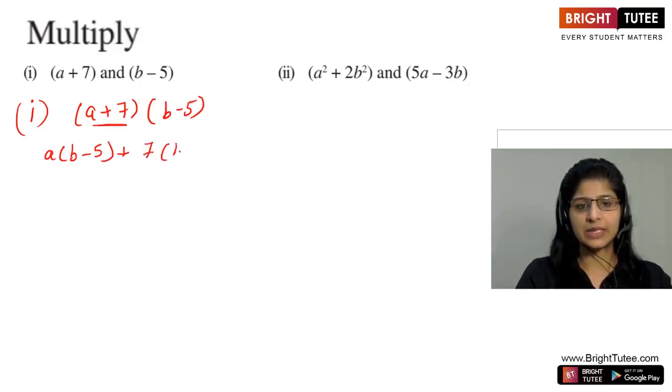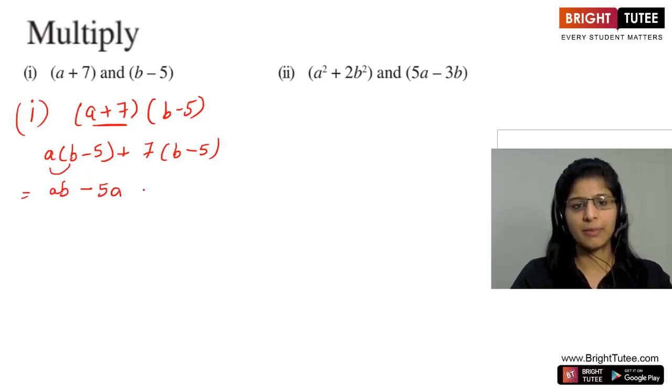Then 7 is getting multiplied with b minus 5. This is how we write actually. So multiply a with b, ab, minus a into 5 is 5a, plus 7b, minus 7 into 5 is 35.